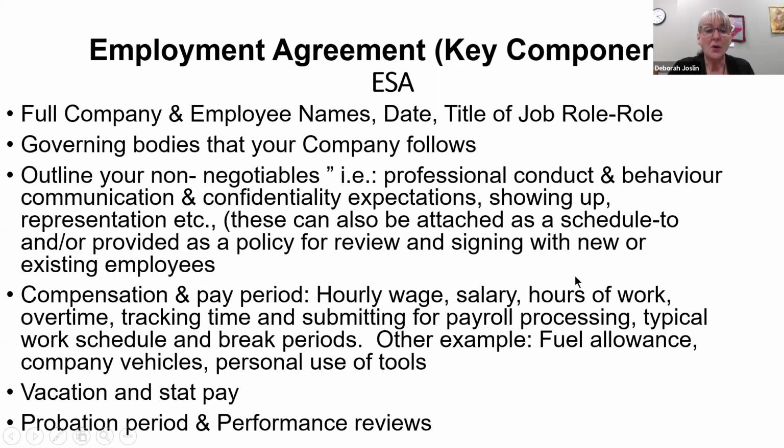The other component would be, again, making sure that compensation and pay, so pay periods, in your employment agreement is how you compensate and how you pay and when you pay. So it would be hourly wage or salary, hours of work, overtime, tracking time and submitting for payroll processing, typical work schedule and breaks. The reason we say typical is that we always want to say that there will be times where the schedule may change with proper notice.